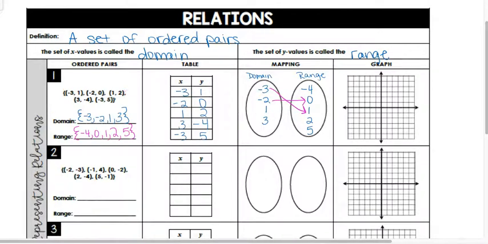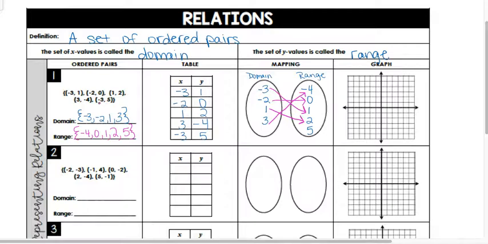And then we have 1, 2. So 1, 2. And then we have 3, -4. So you have 3 and it's going to go up to -4.